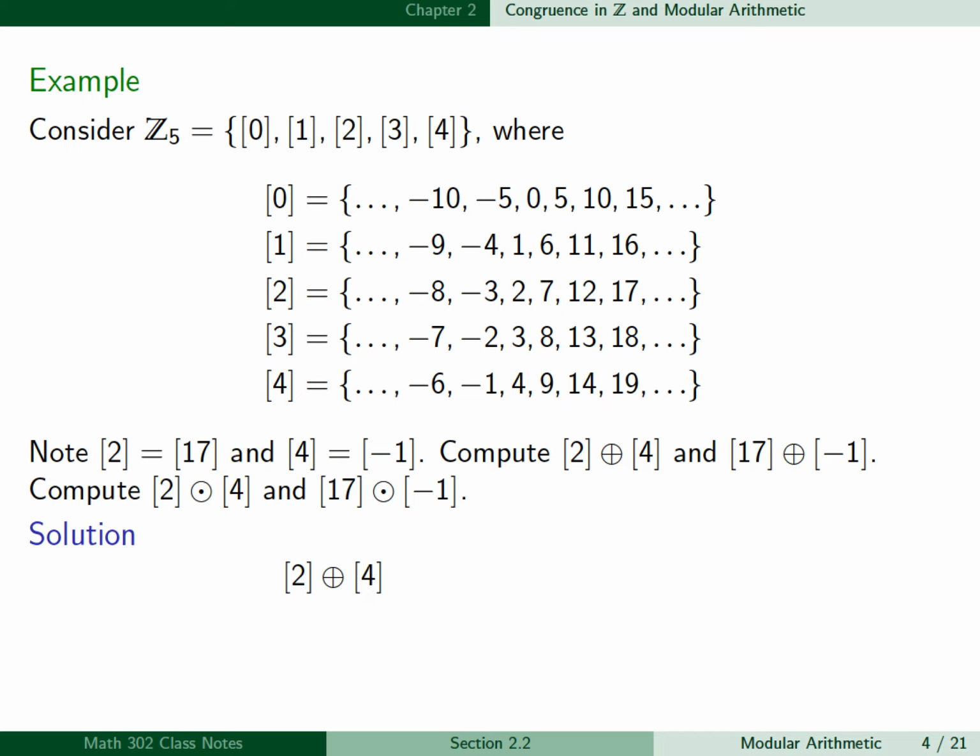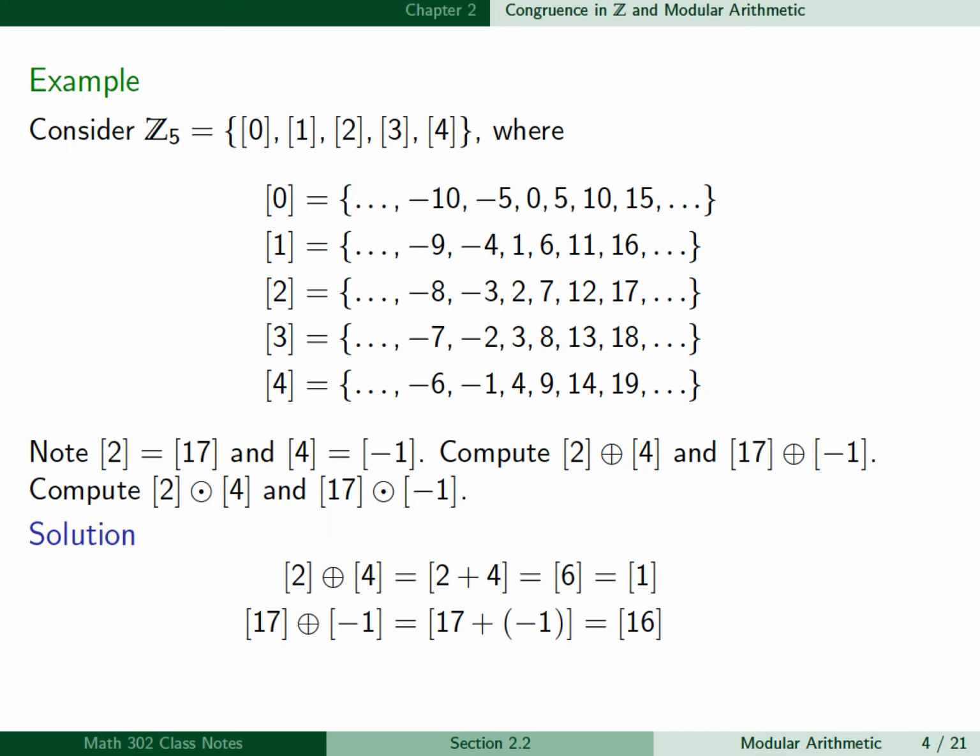So the class of 2 plus the class of 4, according to our definition, will be the class of 2 plus 4, which is equal to the class of 6, and the class of 6 is the same as the class of 1. The class of 17 plus the class of -1 will be equal to the class containing 17 plus -1, which is equal to the class of 16, which is also equal to the class of 1.